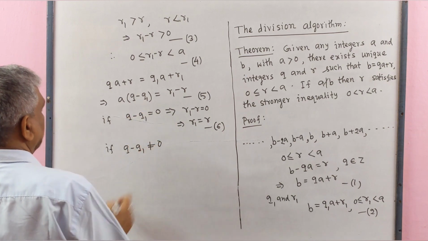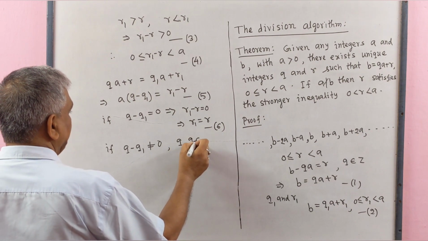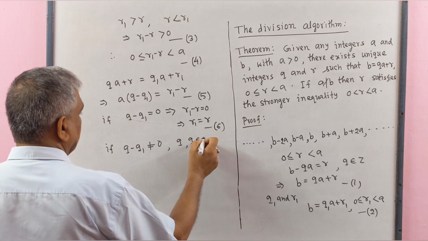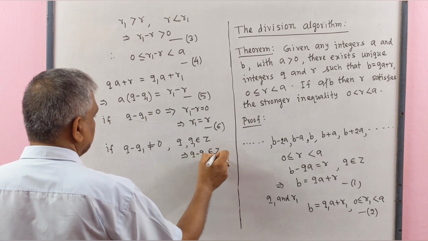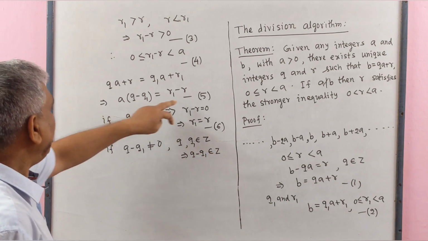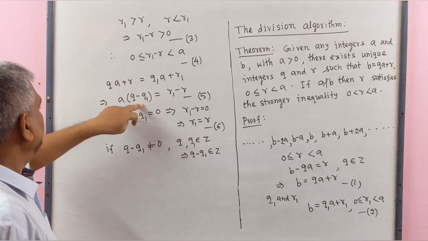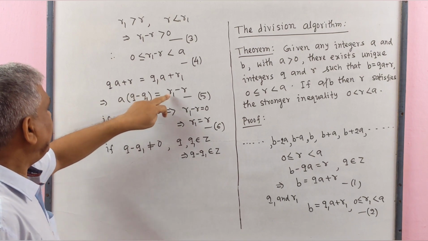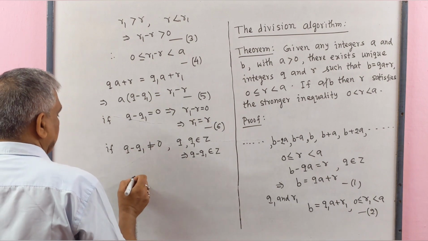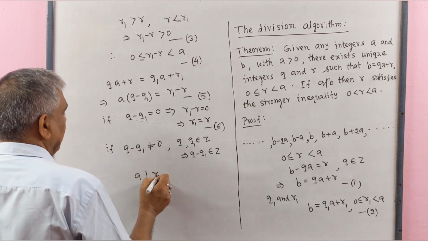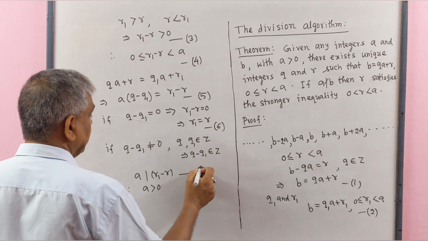If Q minus Q1 not equal to 0, and since Q1 belongs to Z, Q minus Q1 belongs to Z. Therefore from 5 we get A multiplied by an integer equal to r1 minus r. That means by the divisibility definition, A divides r1 minus r. This is number 7.